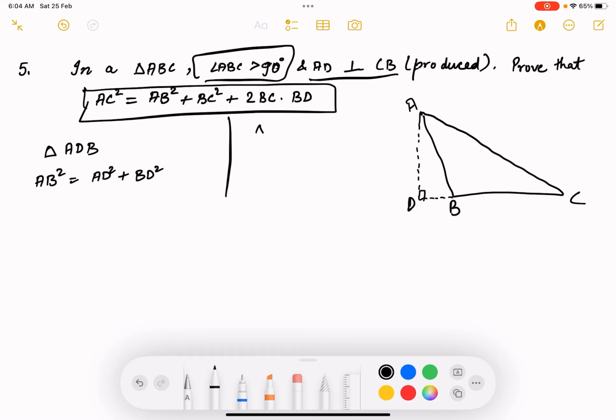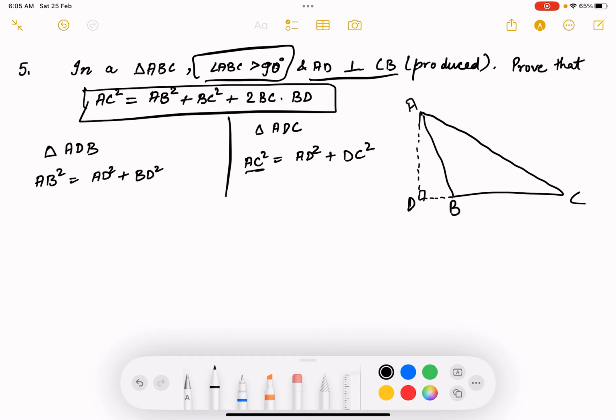And again in triangle ADC, we have AC square is equal to AD square plus DC square.